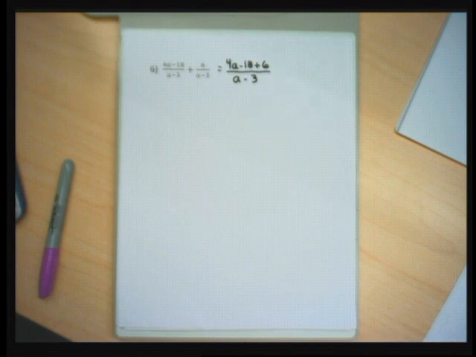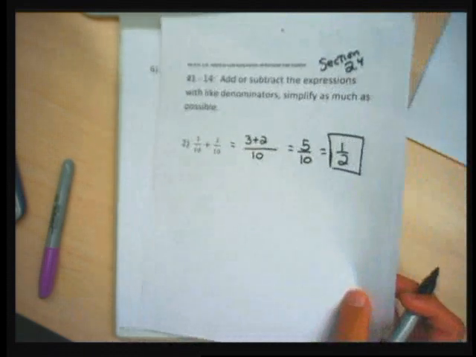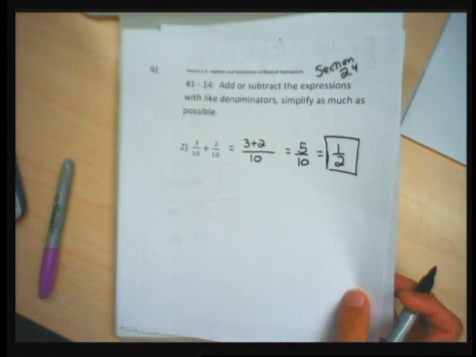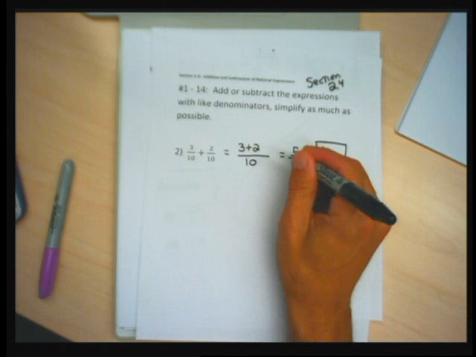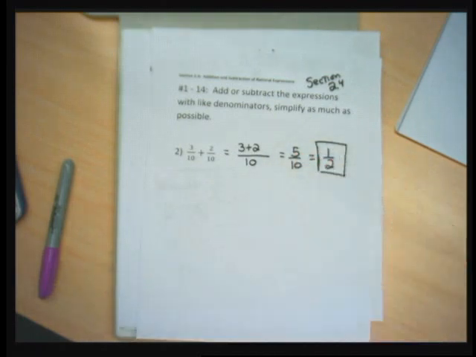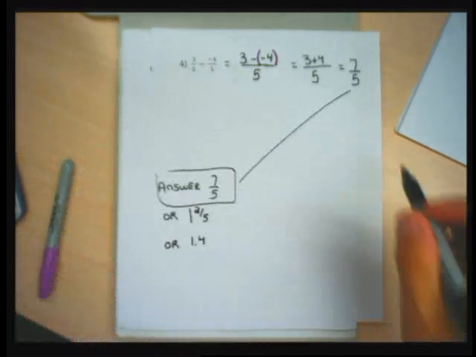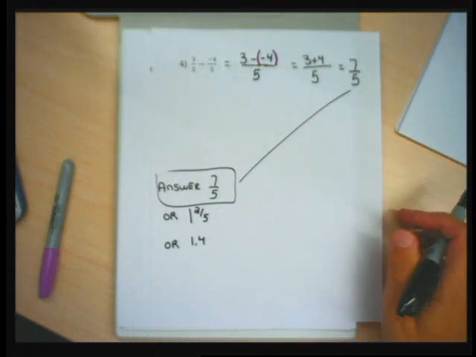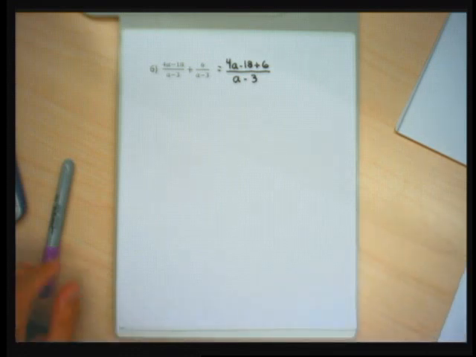This problem 6 is a bit more like problem 2 than it is problem 4, in that the answer that I get when I make the two fractions into 1 is reducible, like 5/10 reduced to 1/2, whereas 7/5 really wasn't reducible, but you could write it differently. Problem 6, it certainly doesn't look reducible, but it turns out to be reducible.